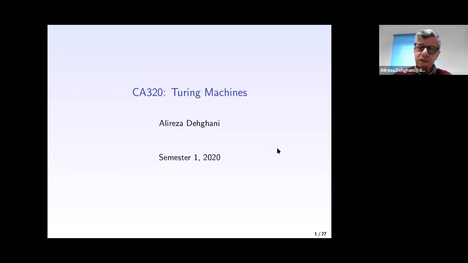We discussed that, and then a bigger and larger group of machine, which was push-down automata, and the language and grammar for that was context-free languages and grammars.